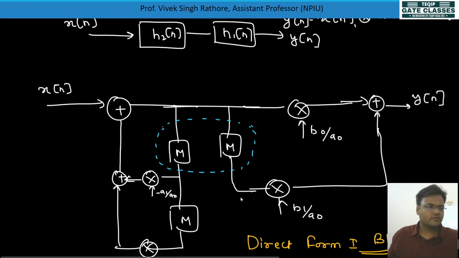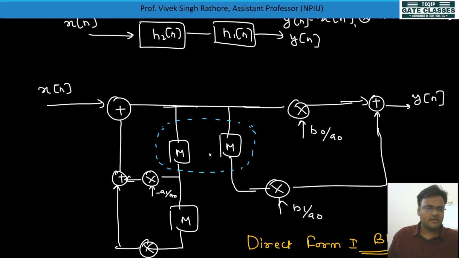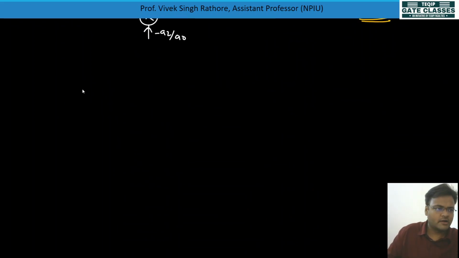See, first of all the input is there and one addition is there, and your minus a1 by a naught is there, here minus a2 by a naught is there, and b1 by a naught, just the same as before. So I will make here x of n, one summation sign will be there, okay.